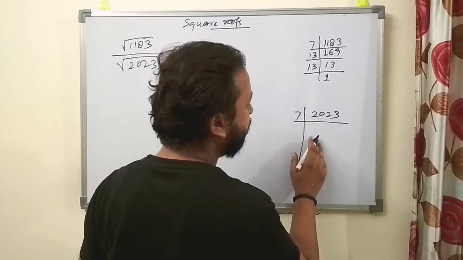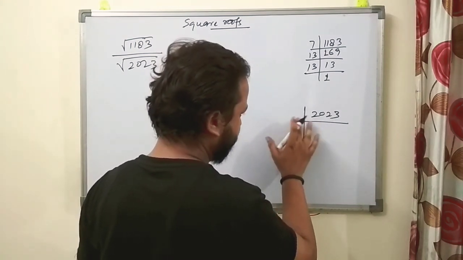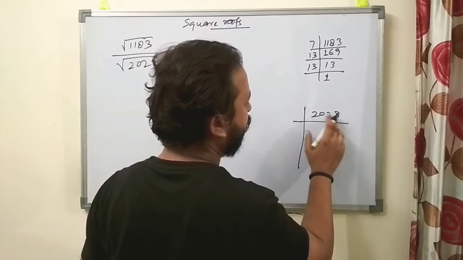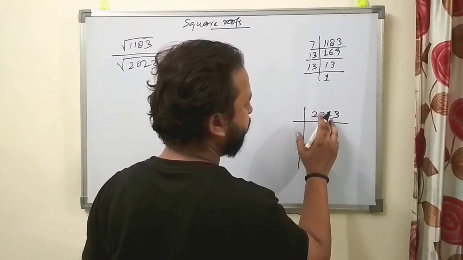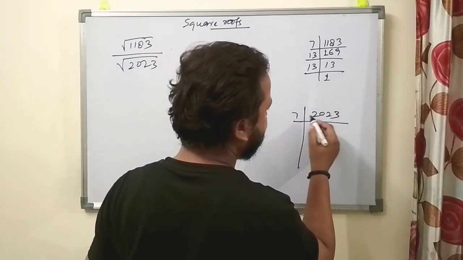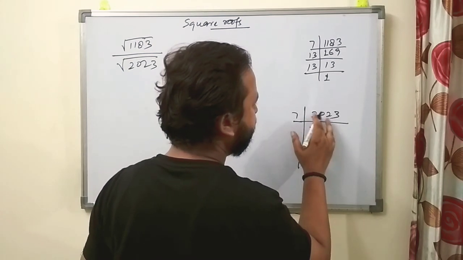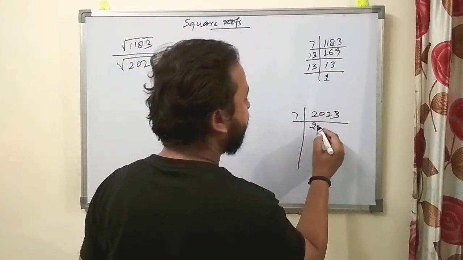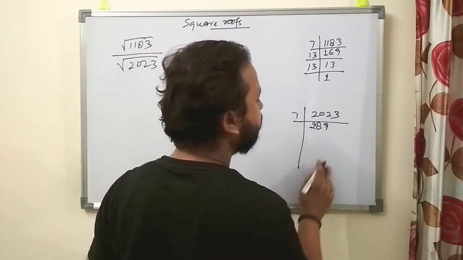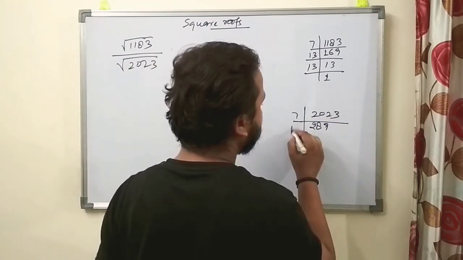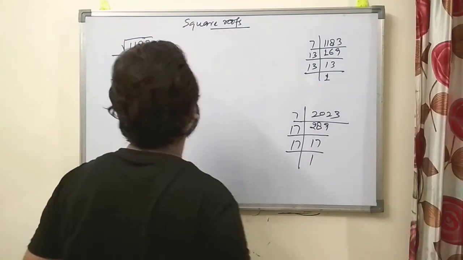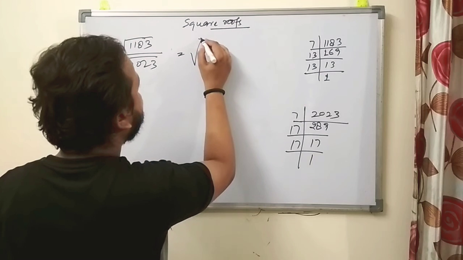Here also you can try 7. First take 2, not possible, 3, 4 plus 3 is 7, not possible, 5 is not possible, then 7. Just check it, 7 twos are 14, 7 eights are 56, 7 nines are 63. 289 is the square of 17, so it is 7 into 17 into 17. So what will you get?